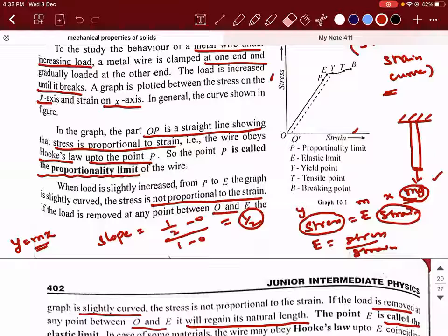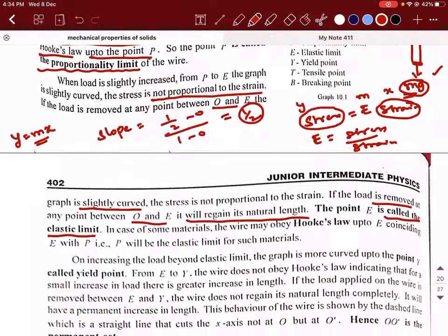Are you able to understand? So the point P is called the proportionality limit and E is called the elastic limit. So anywhere between these two points O and E, if you remove the load, what will happen? The material will regain its original shape.